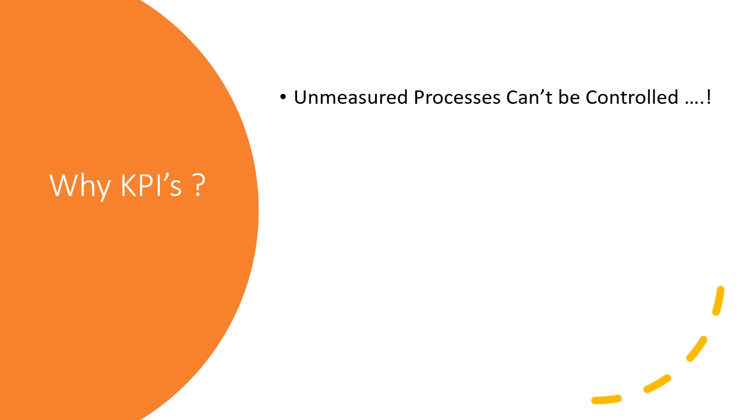So why are KPIs important? We know an unmeasured process cannot be controlled. Unless we are measuring something in a process, we don't know what's going on in the process. Ultimately, we do not come to know the performance of the program.